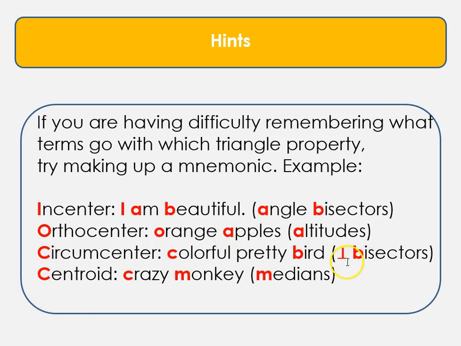Circumcenter uses perpendicular bisectors, so that could be a colorful, pretty bird. The centroid uses medians, so that could be a crazy monkey. You might want to use mnemonics that are all animals or all fruit or something like that. But it'd be worth your time to take a look on the internet and find something that really helps you to remember.